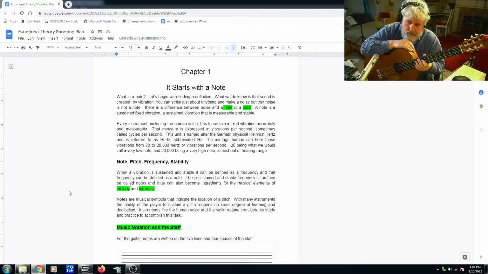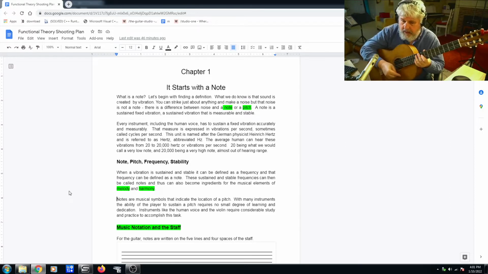So when, for instance, you want to play middle C on a piano, that is a certain number of vibrations per second. The piano hammer hits the string, and that string vibrates at a fixed frequency. The same thing would happen on the guitar.